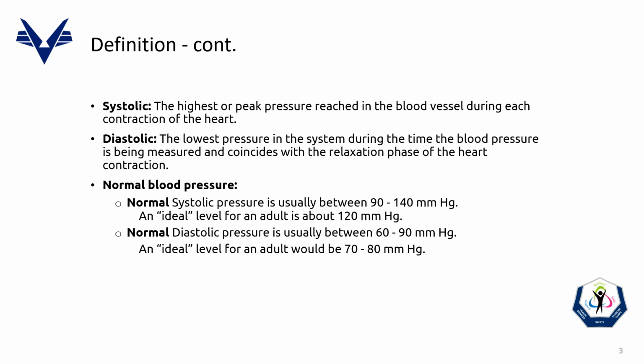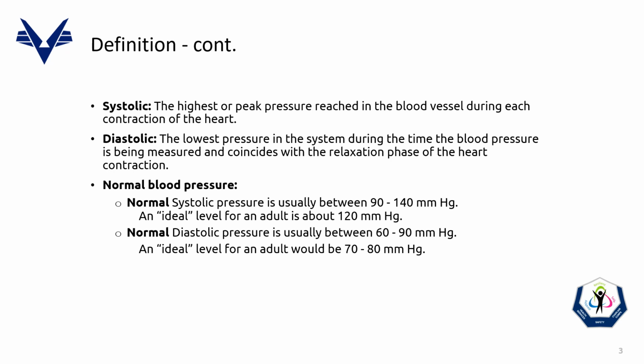Hypertension is an excessively high pressure within the blood vessels of our bodies, or abnormally high blood pressure. It is usually described by two numbers, the systolic pressure and the diastolic pressure. As an example, this is usually written as, say, 140 over 90 millimeters of mercury, which is your systolic pressure reading over your diastolic pressure reading.